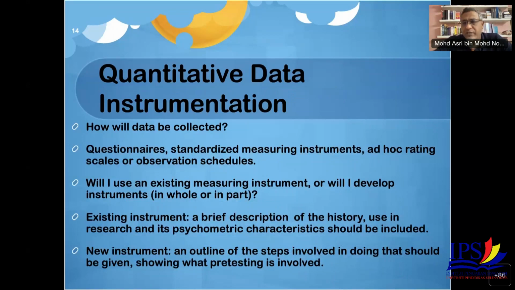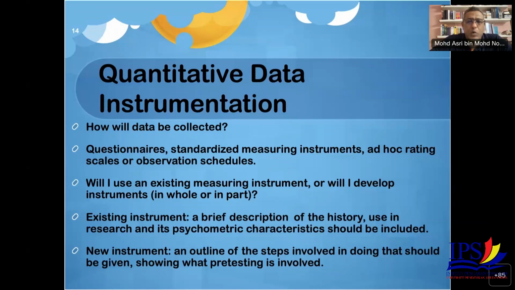For quantitative research, the data collection instrument usually is a standardized kind of instrument, whereby you have survey questionnaires, or standardized measuring instruments, or some other instrument that is standardized. That is compulsory if you are doing quantitative research. The instrument must be a standardized instrument.